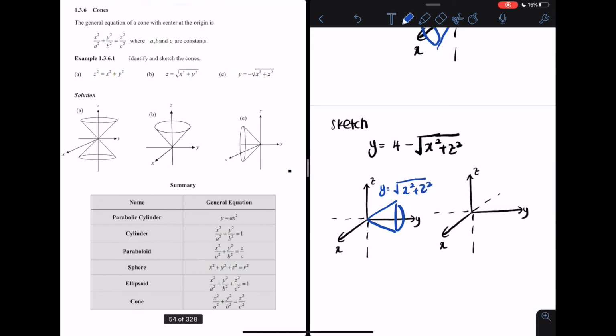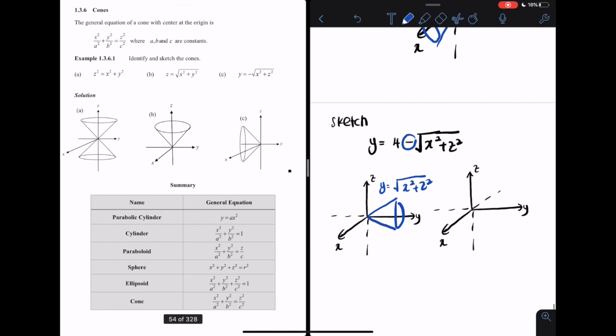When you look at this equation, you have negative, am I right? So the negative part of this cone can be illustrated as this one, which is y is equal to negative square root of x squared plus z squared.